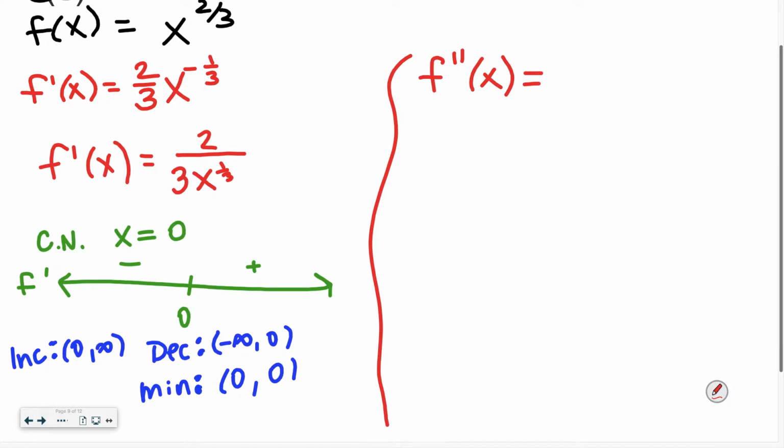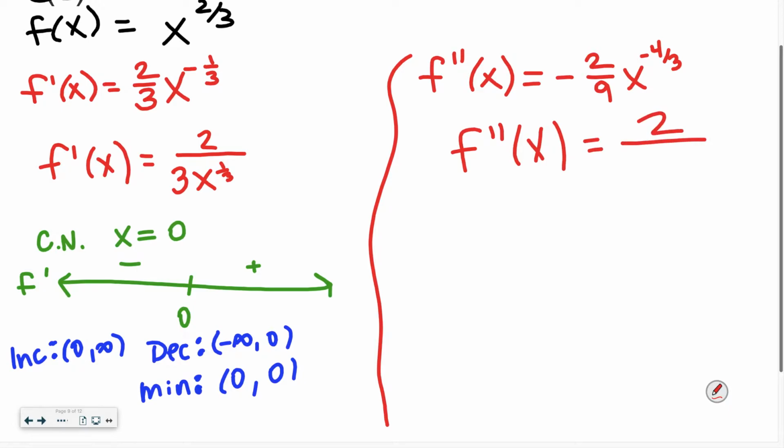So when we do the power rule, we would get negative 2/9 x to the negative 4/3. Good. So then we can rewrite our second derivative to be 2/9 to the 4/3. Negative, because that is a negative before.